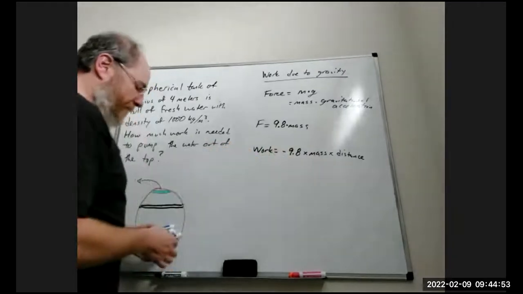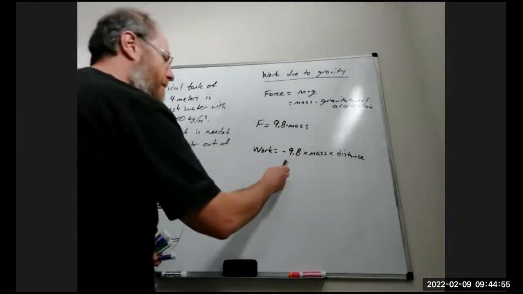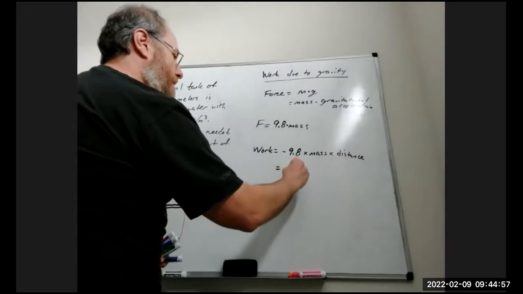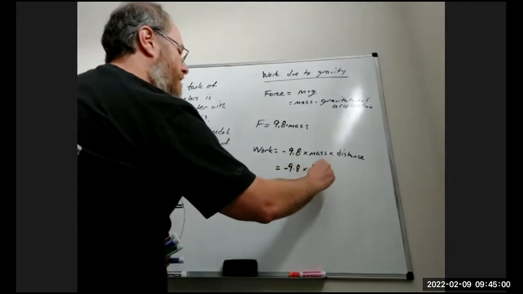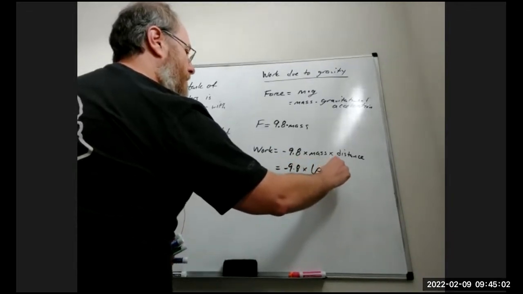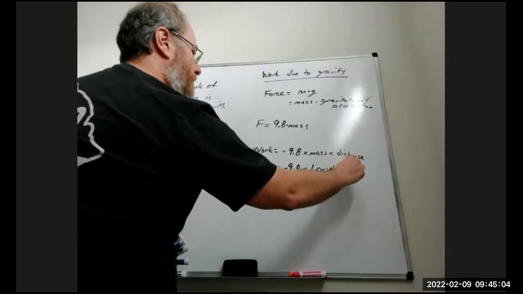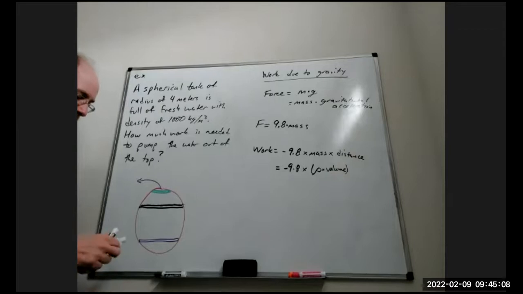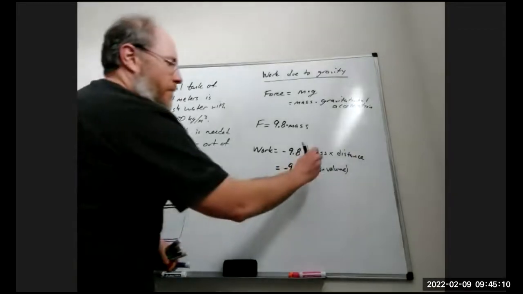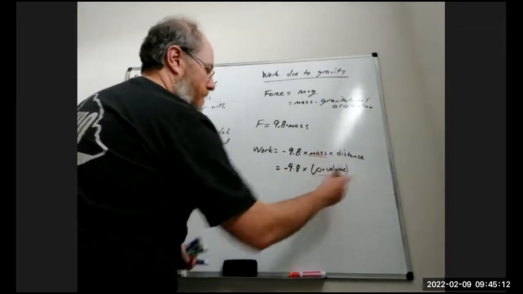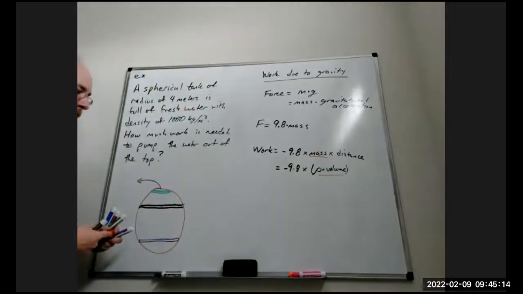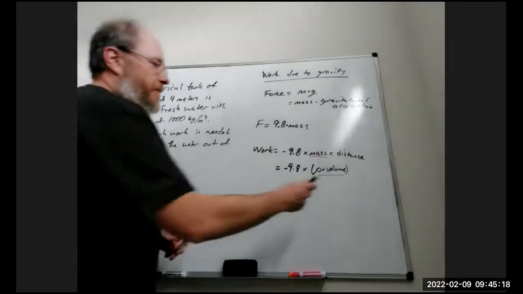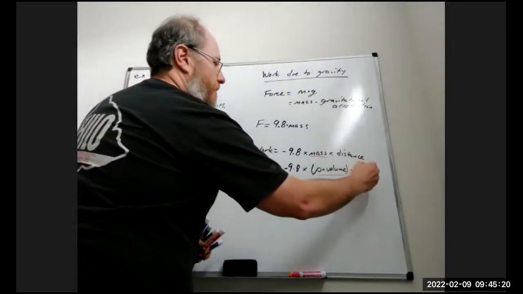The mass is going to be density times volume. That's how we're going to get the mass. And then, of course, we still need our distance, which is going to be easy enough.